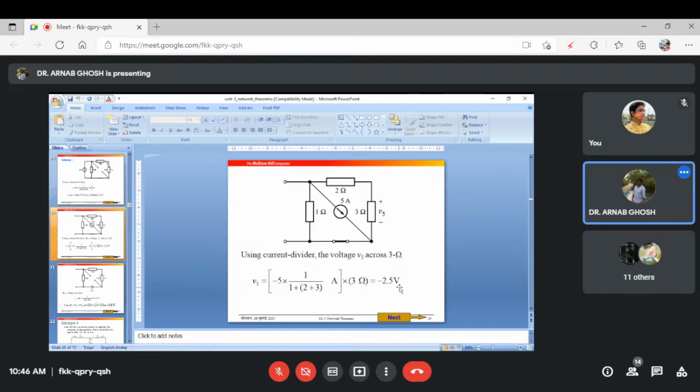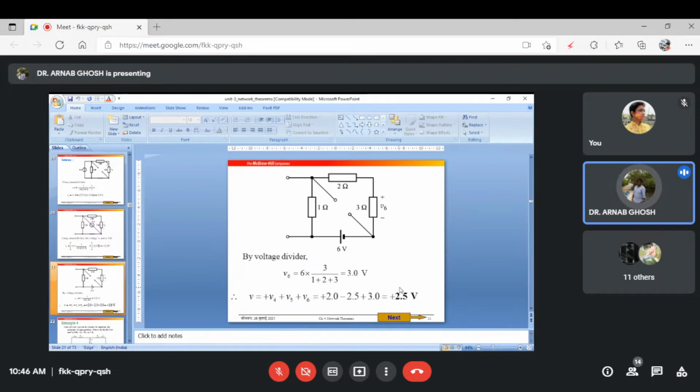Okay, sir. So this is for minus 5 ampere, this is for your 6 volt, and you are getting the total voltage as 2.5 volt.